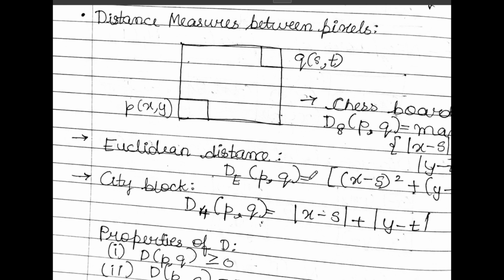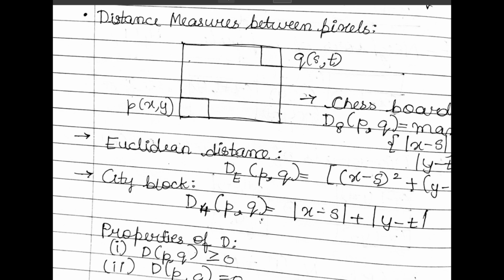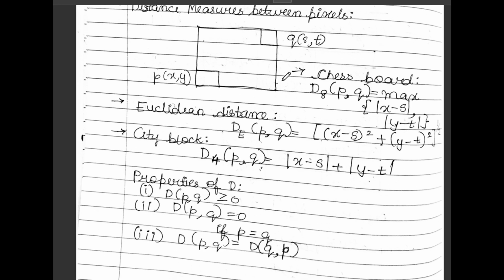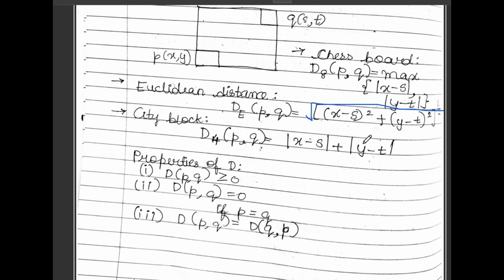The Euclidean distance has the formula square root of x minus s the whole square plus y minus t the whole square.